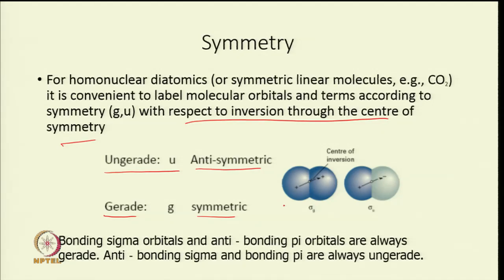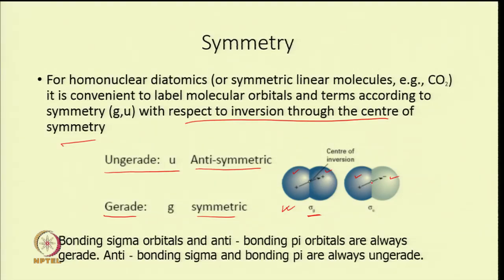For example, suppose a sigma orbital is formed. A sigma orbital can be of two types: both lobes have positive sign, or one lobe has positive and the other negative. When both lobes have positive sign, and you take the center of inversion, it is symmetric with respect to the center of inversion, and that is why it is labeled g.